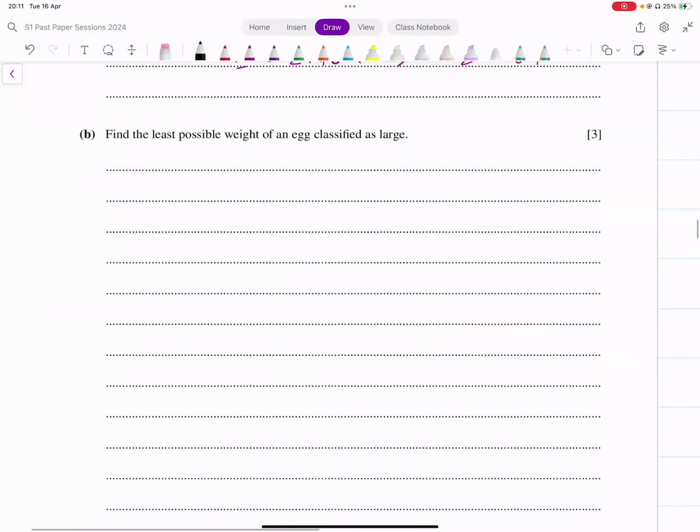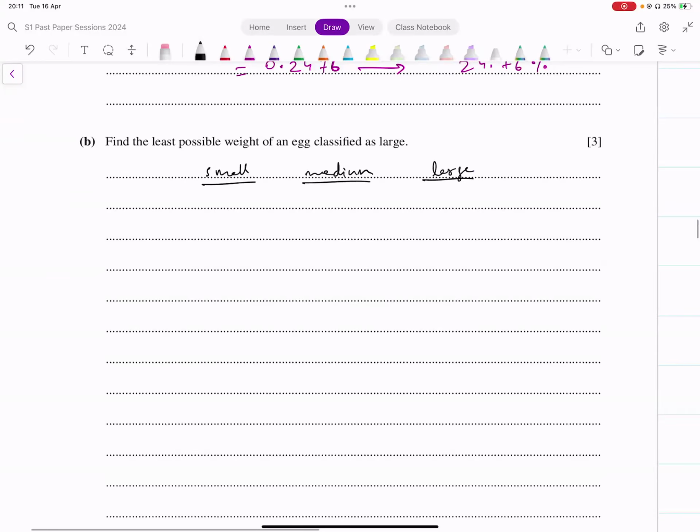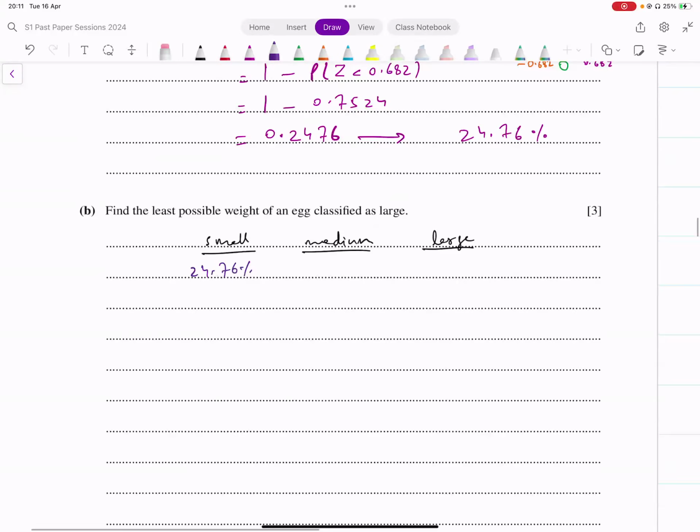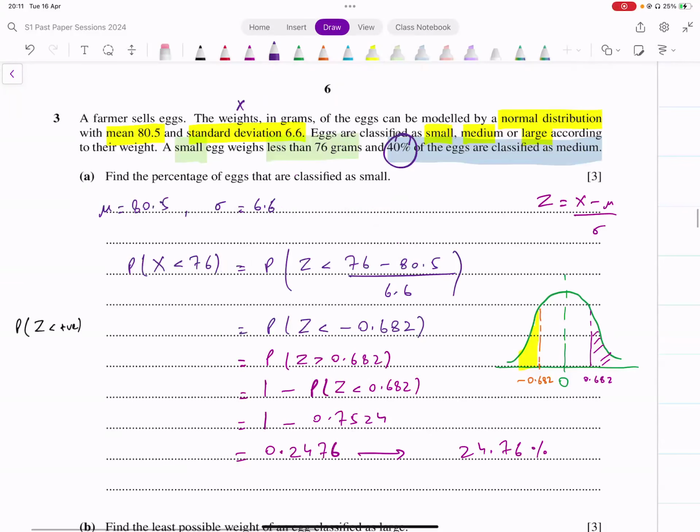So there are 3 categories. There is small, then there's medium, and then we have large. What percentage of eggs are small? 24.76%. And then the question tells you 40% of the eggs are classified as medium. So in the middle, you have 40%.